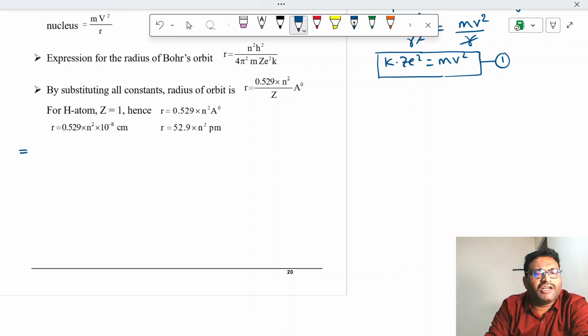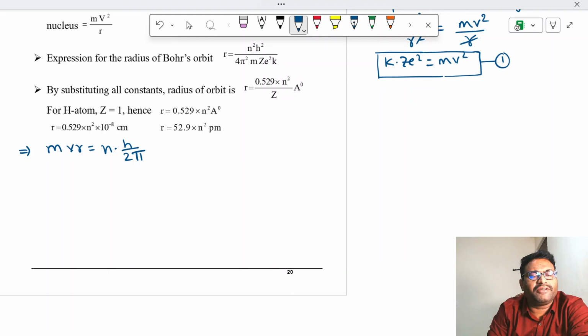Then we know that from Niels Bohr's atomic model, the angular momentum of an electron, that is mvr, is an integral multiple of h by 2 pi. Then the velocity will be nh by 2 pi into m into r.